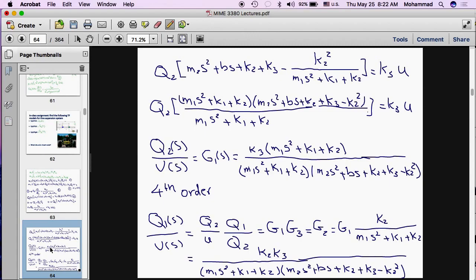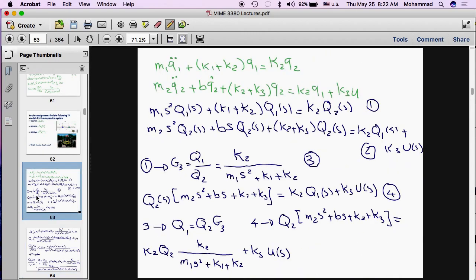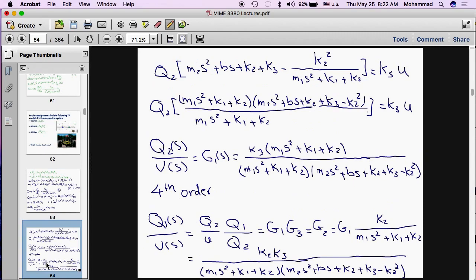It's easy to see that the relationship between U and Q2 is a fourth order system, while the relationship between Q2 and Q1 is a second order system, and so is the relationship between U and Q1 a fourth order system.